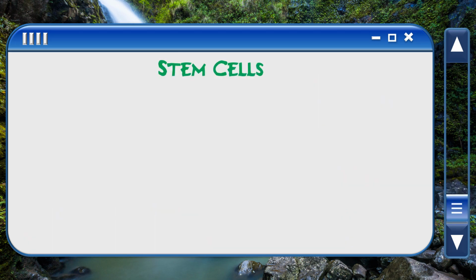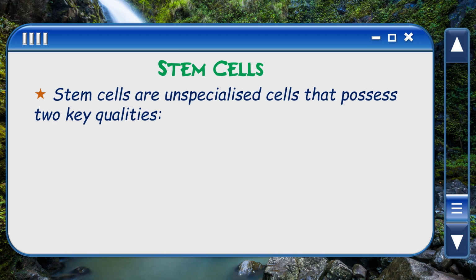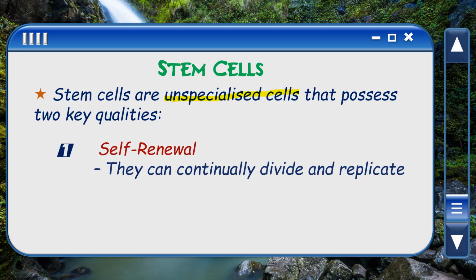Let's look at the stem cells. Stem cells are cells that are unspecialized. And they have two qualities. One is self-renewal.